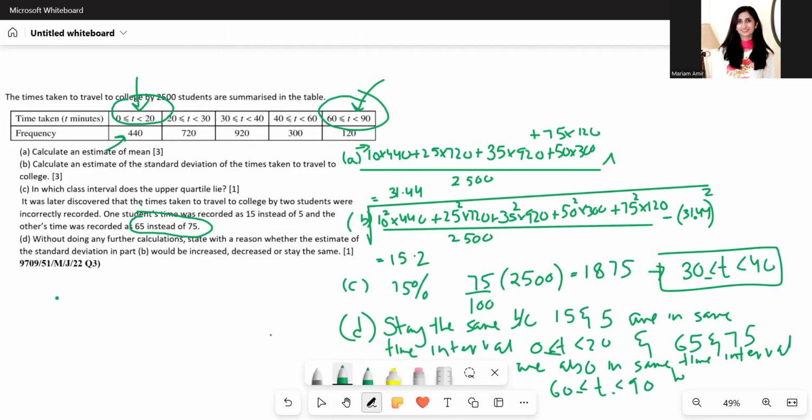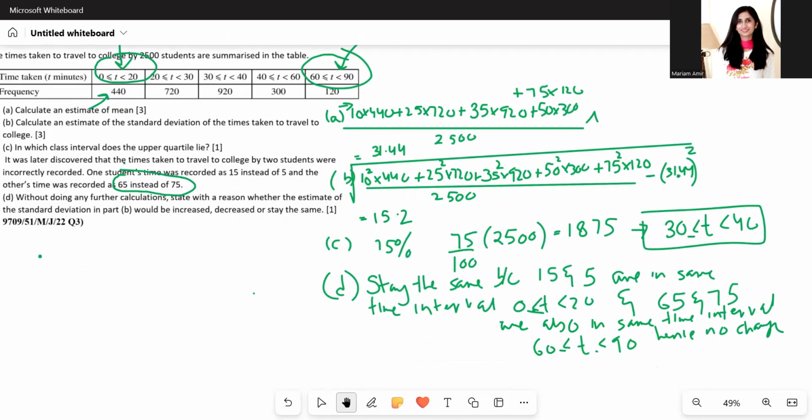Hence, no change in the table, and hence no change in standard deviation.